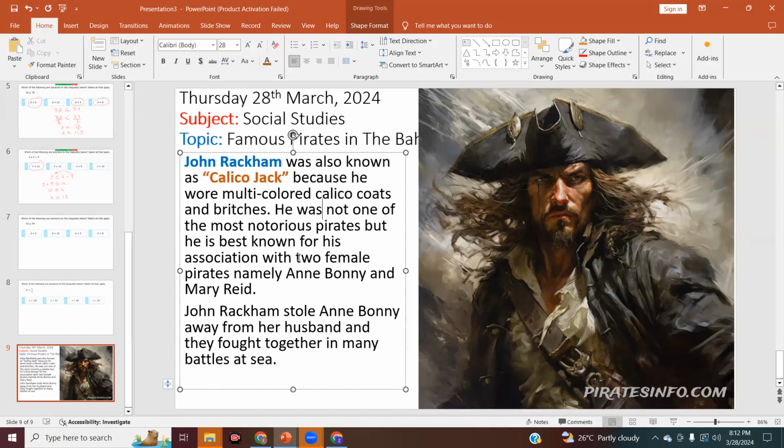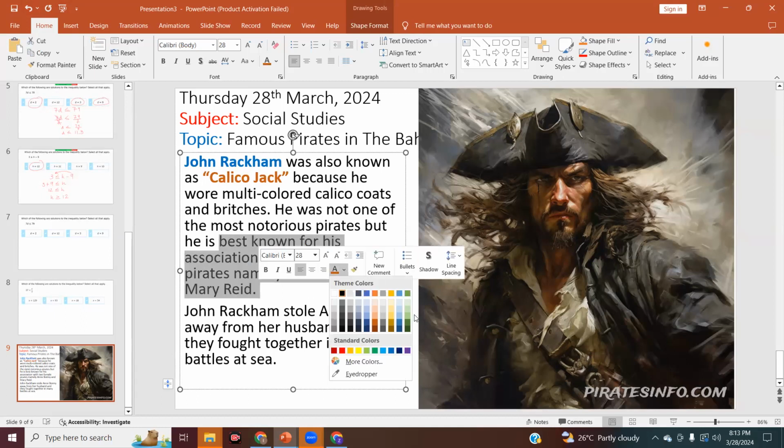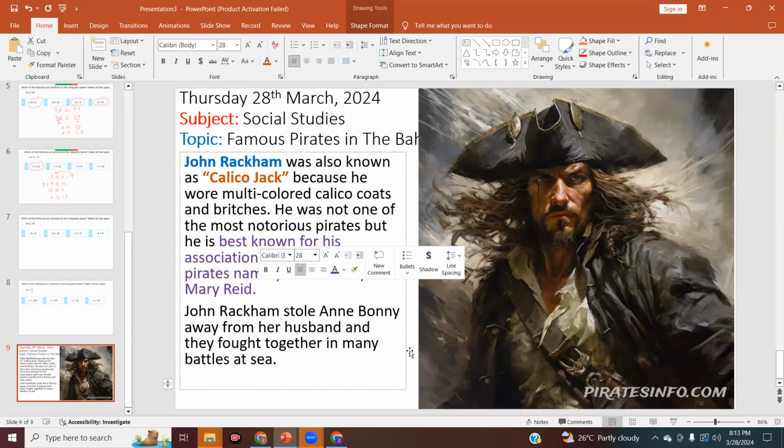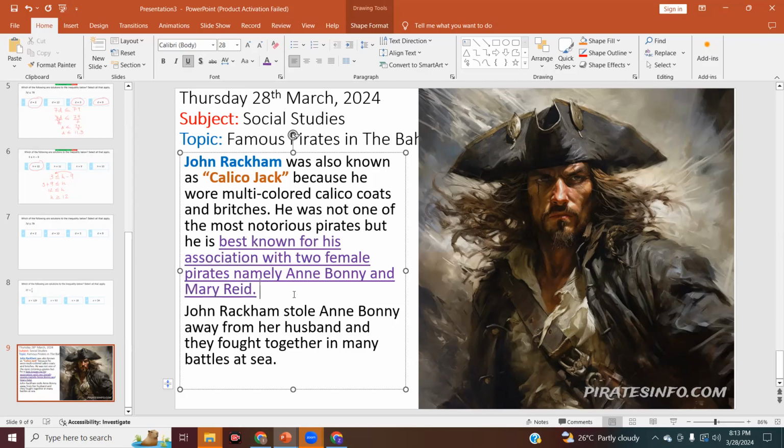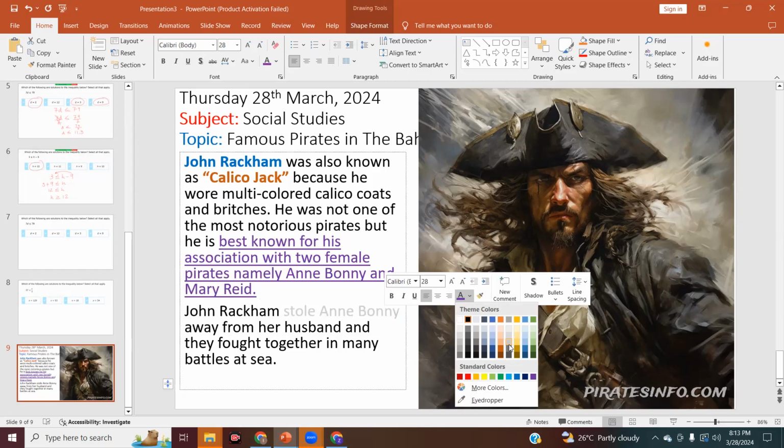What was the reason? Because he was associated with Mary Read and Anne Bonny. Who did he steal away from her husband based on these notes? Anne Bonny, very good. He stole away Anne Bonny from her husband.